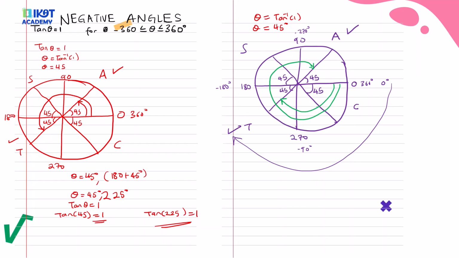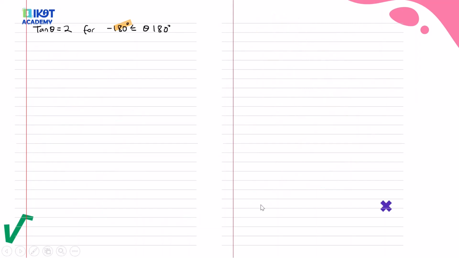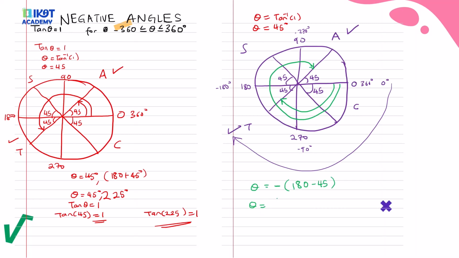So we are counting from this side. When you're coming from this side, it's the same as saying theta is equal to, you put a negative, then you enter this bracket: 180 minus 45. So theta is 180 minus 45, which is negative 135. Just a negative angle.